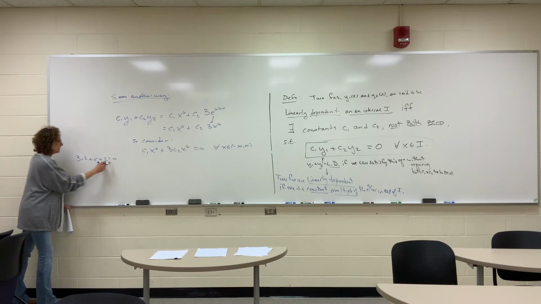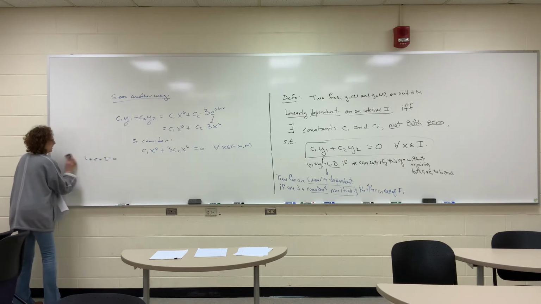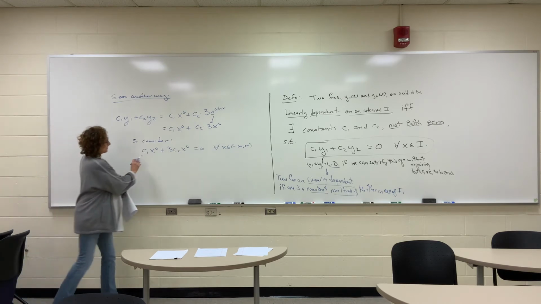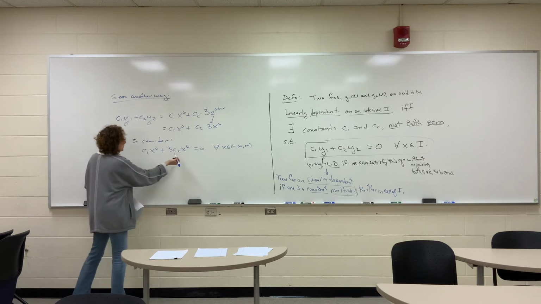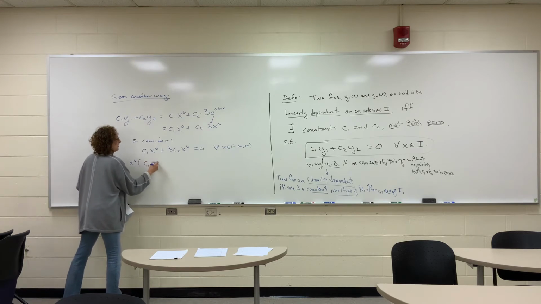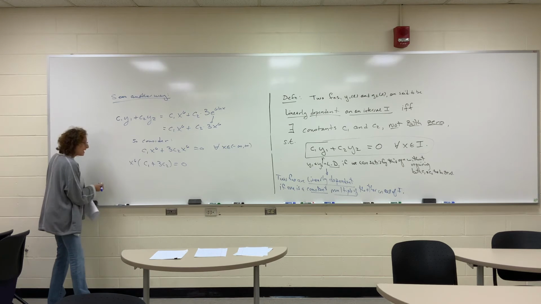We don't want this to be true for all possible r; it's only true for two values of r. Here, we want this equation to be true for all values of x. Well, what would we do? We would factor out an x to the 6th, and we have c1 plus 3c2 has to be 0, if that's going to be the case.